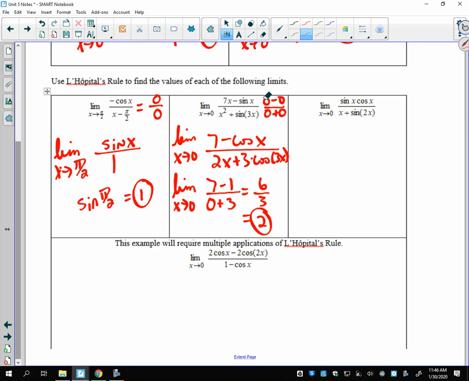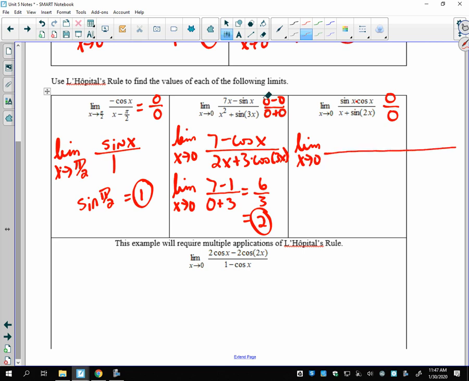What about the next one? If I plug 0 in here, this is times, so 0. And on the bottom, sine of 0 is still 0. So when I take the derivative of this now, that's the product rule, so be really careful.